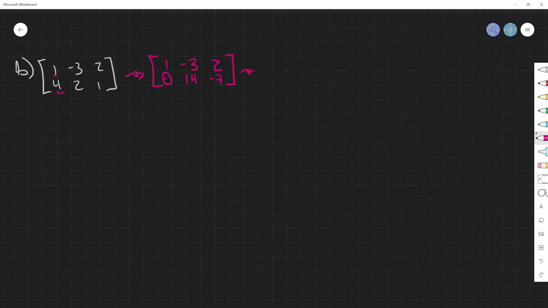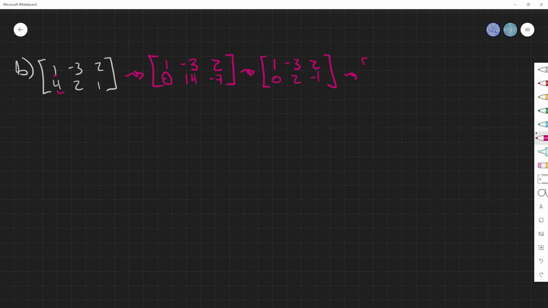And, oh, beautiful. We can divide the bottom part by 7, not 2. So you have 0, 2, then -1.